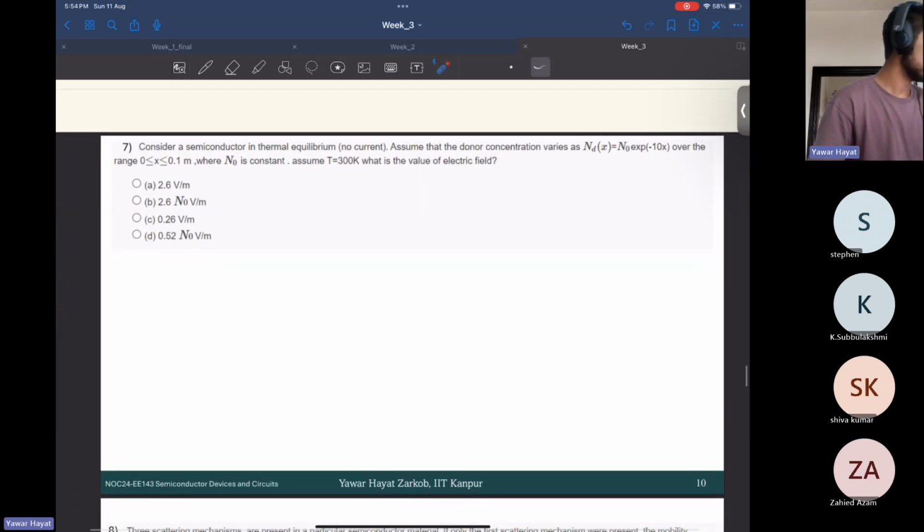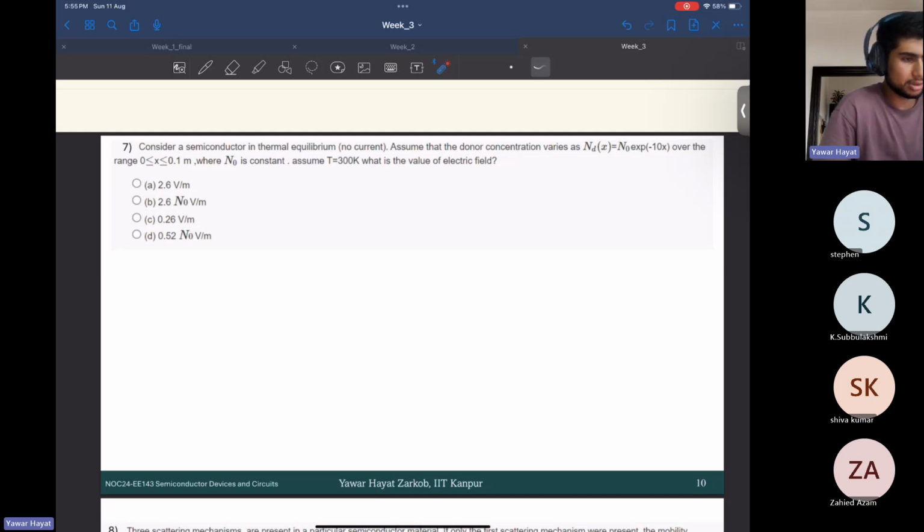What about this one now? Question number 7. Please try this out. We need to consider a semiconductor that is in thermal equilibrium, that is no current.